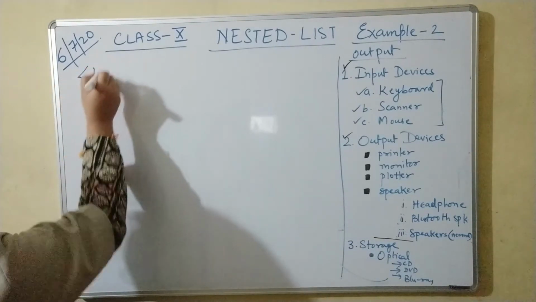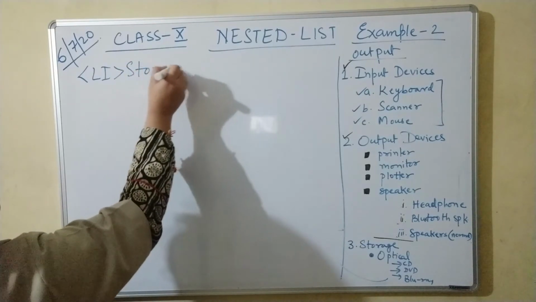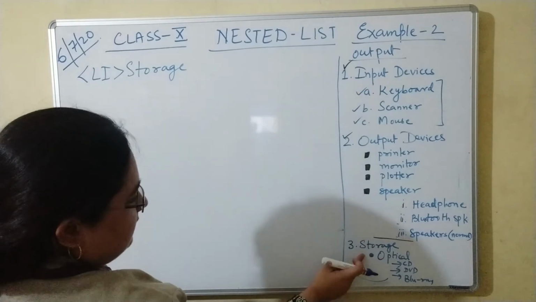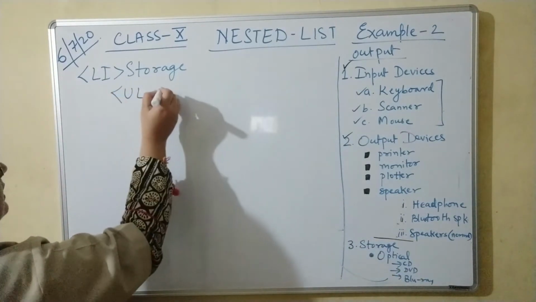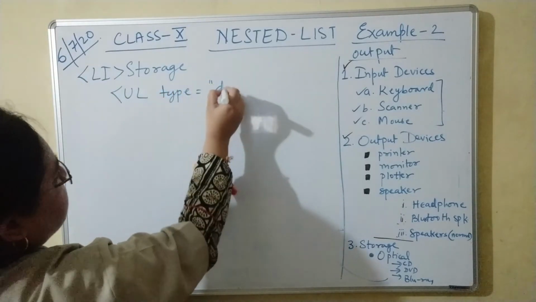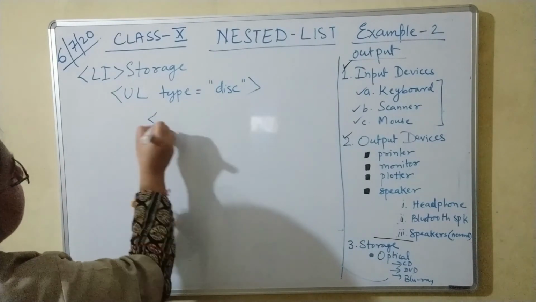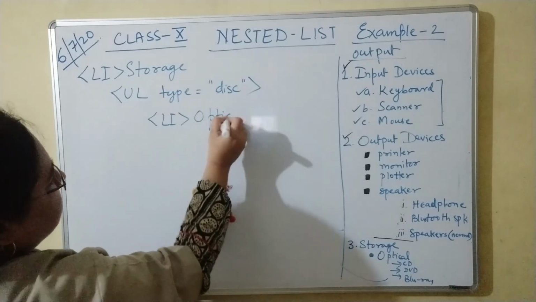So LI storage. Now within that we have again a sublist which is a bulleted list. So I'll take UL type equals disc, because you can see a filled circle over here. So type as disc. LI, the first list item, that is optical disk.